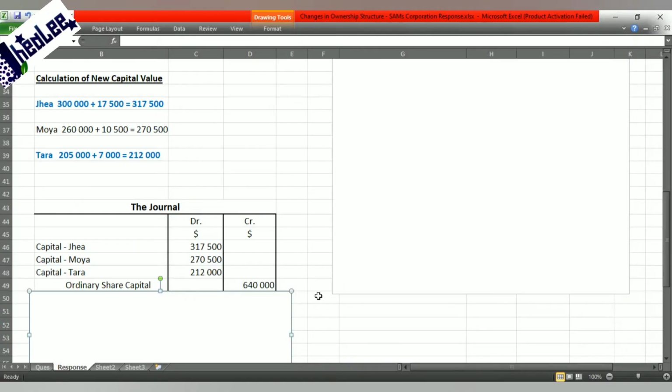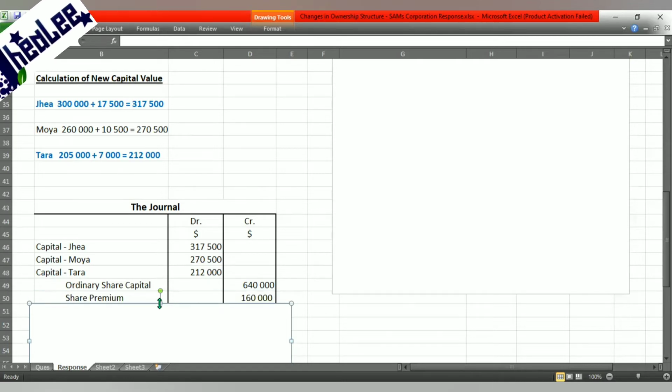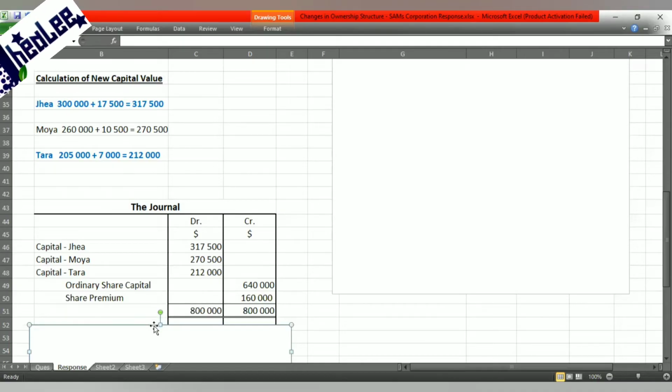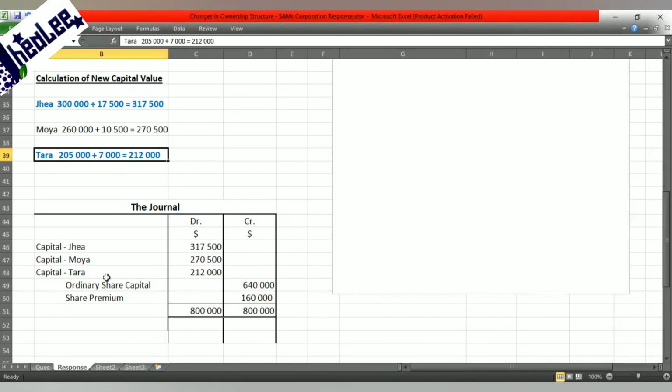Let's determine if there is a share premium. You total your debit, and you would get a total of 800,000. The share capital is only 640,000. The difference would give us share premium, and that difference is $160,000. So that is our journal showing the purchase of the shares.